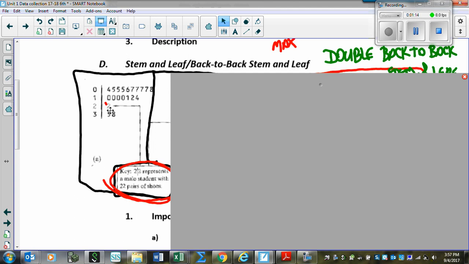Like I said, they were asked 20 male students, and so this particular 2 represents 2. In this group, all of the people who have a single-digit number of shoes are in this group. You'll notice that they all go in numerical order. One male has 4 pairs of shoes, and 3 of the males had 5 pairs of shoes, and so forth.